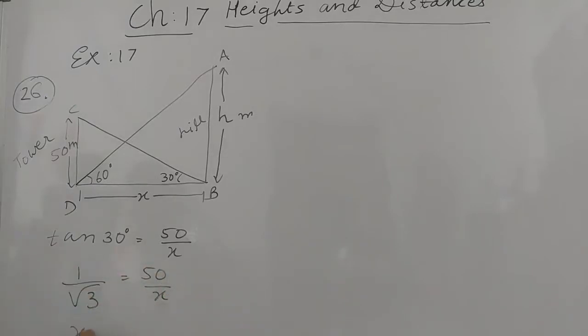Now taking crossway I get x is equal to 50 by root 3. You can just keep it as it is right now because we will not take its value. So 50 root 3 we get.